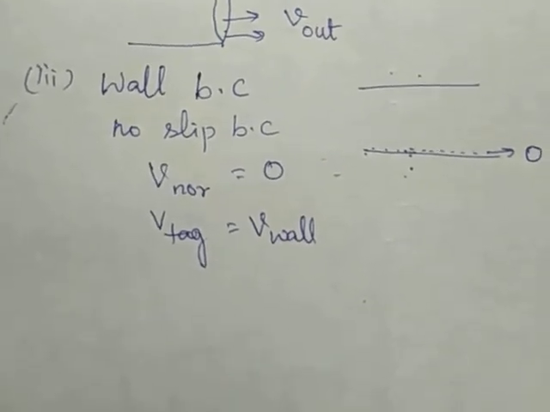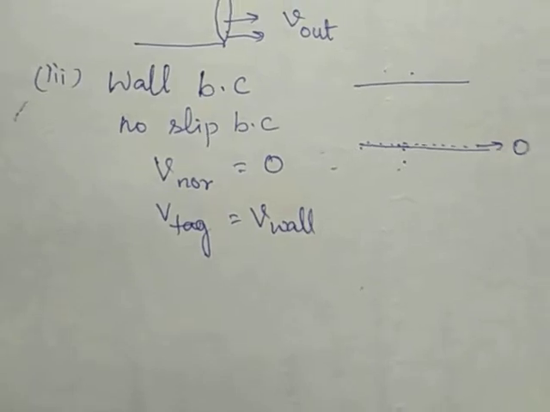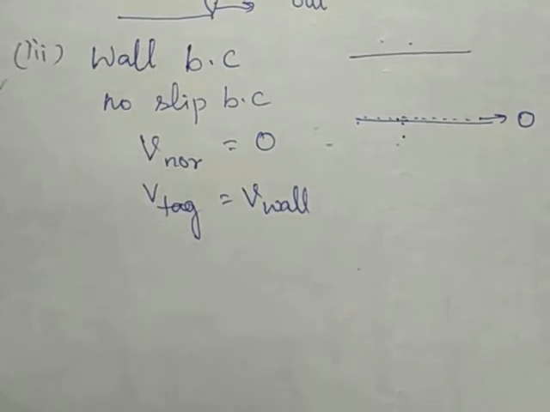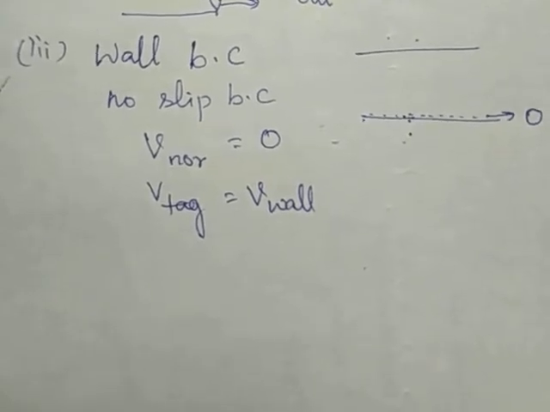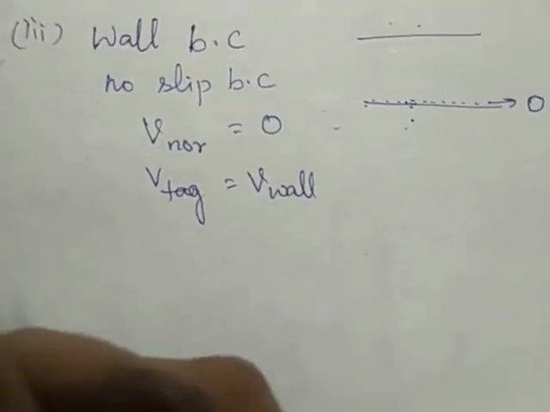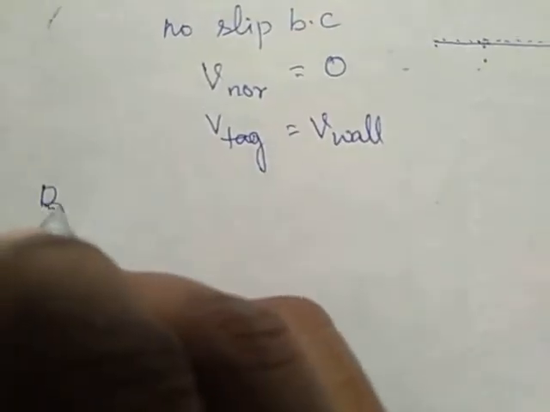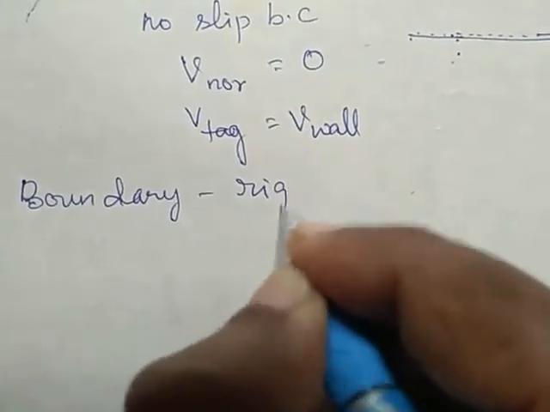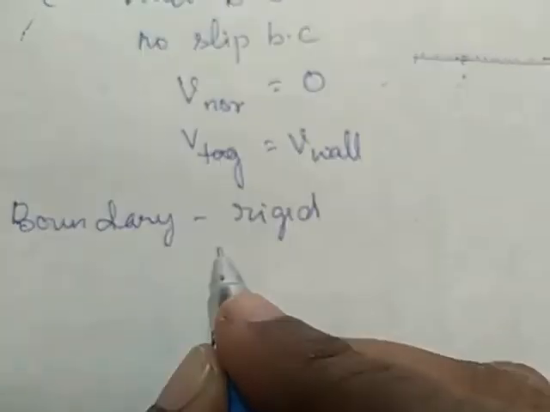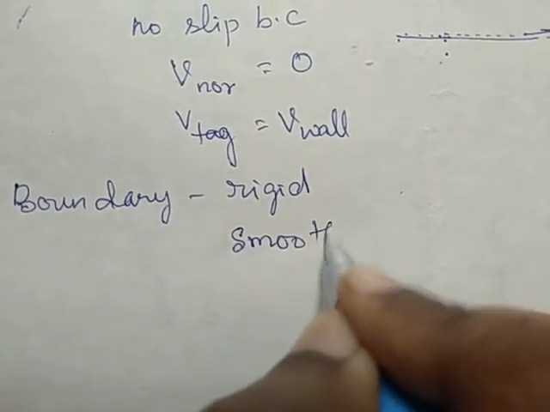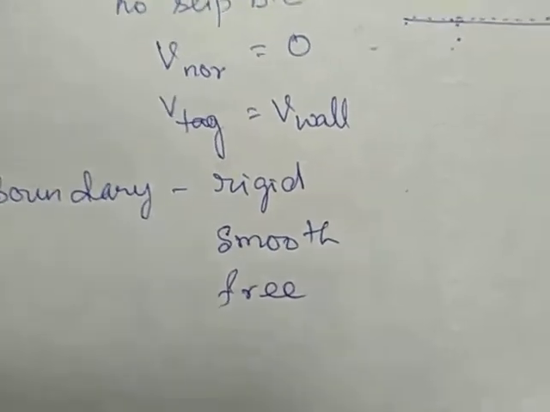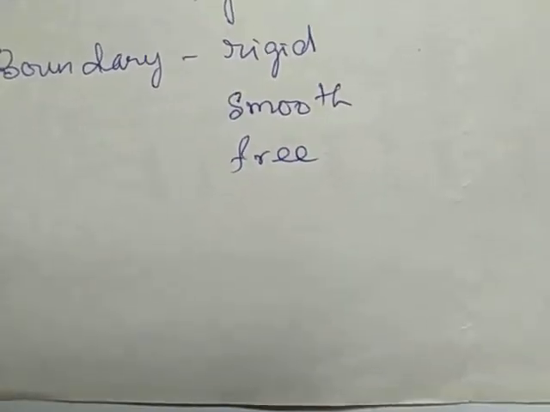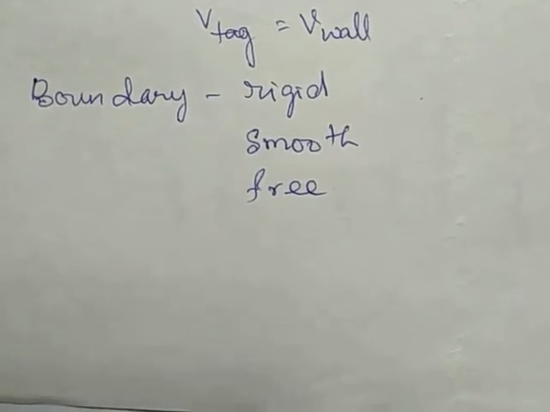Now I am going to explain boundary conditions for velocity particularly. The boundary conditions for velocity depend on the type or nature of the boundary. Your boundary may be rigid, in the sense that it is not flexible, or smooth, or it may be free.